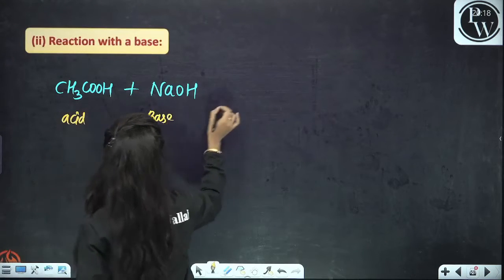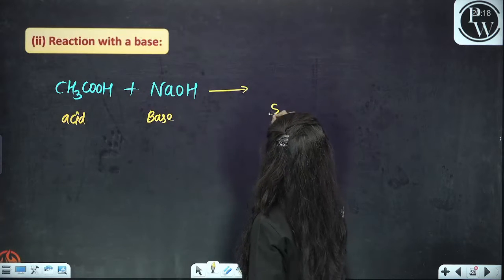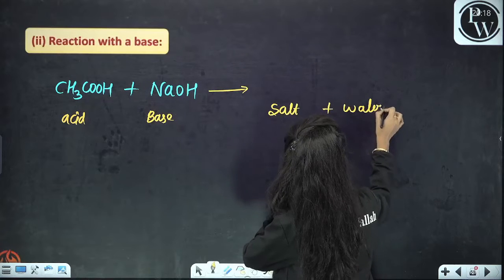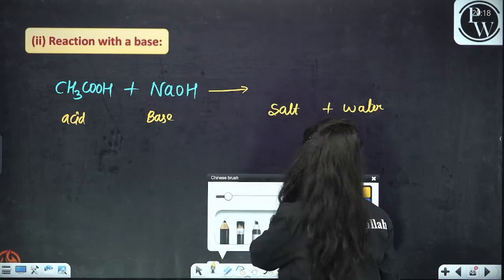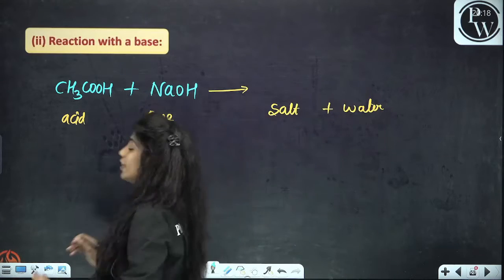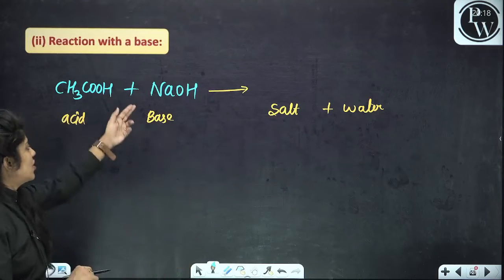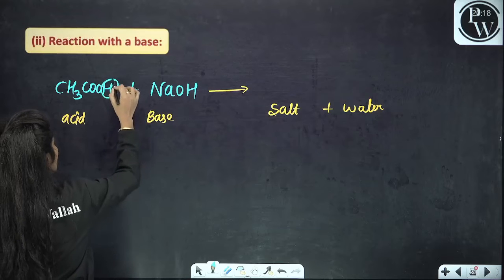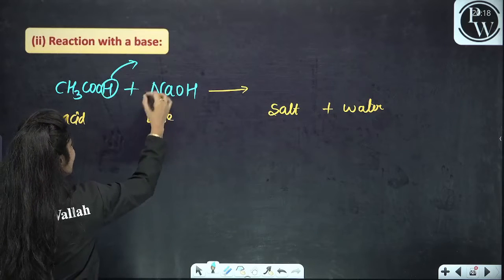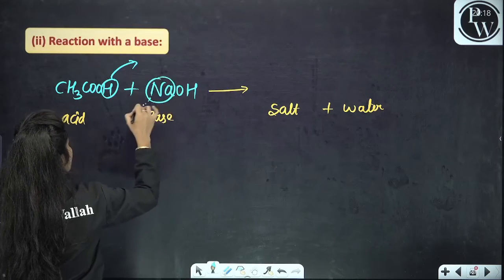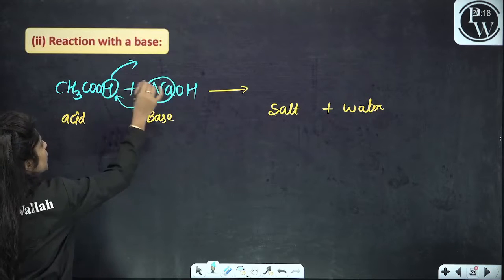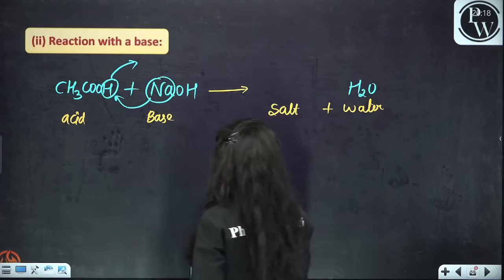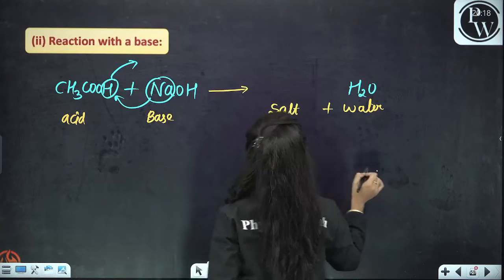Just have to write what is going to happen. Salt plus water. So how is this reaction going to happen? Again, oxygen wants to get rid of this hydrogen, asking it to leave, and this Na will take the place. So this H and OH will make H2O. Done. And this salt will be what?